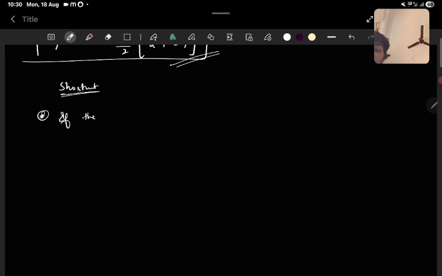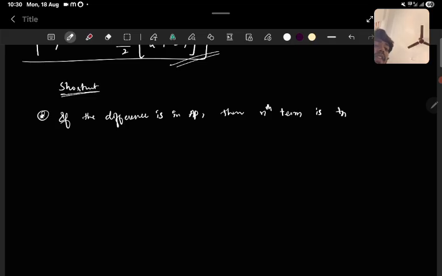in the sense, if the first difference is in AP, then the nth term is taken to be an square plus bn plus c.